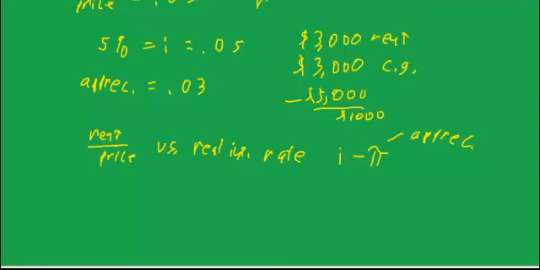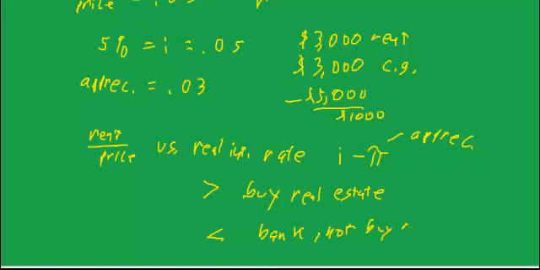When the rent price ratio is greater than the real interest rate, then you should buy real estate. It's better than leaving the money in the bank. And when it's less, you should put your money in the bank and not buy real estate. So it's a very basic financial calculation.